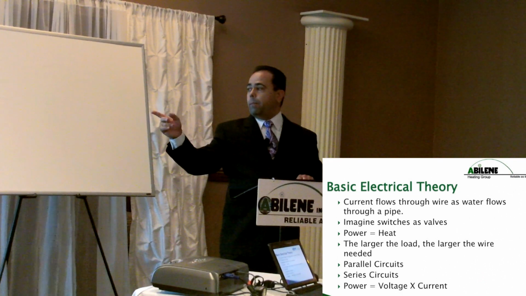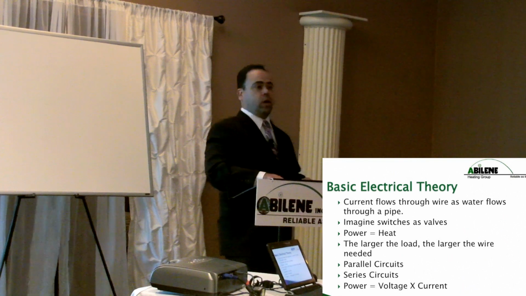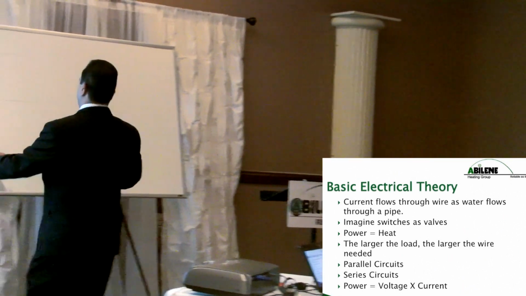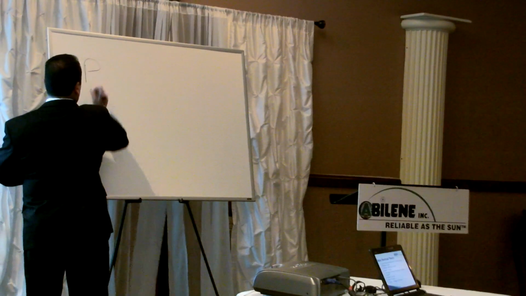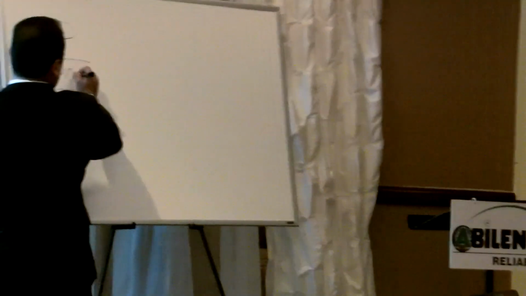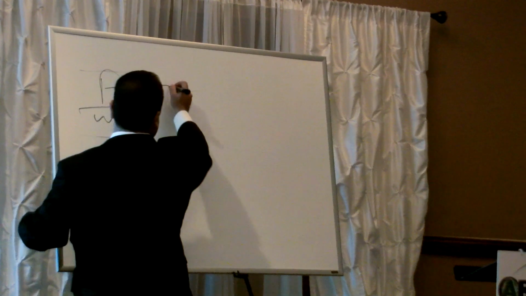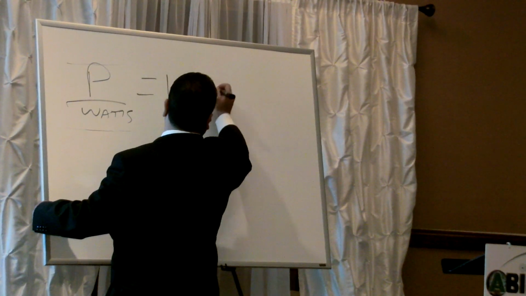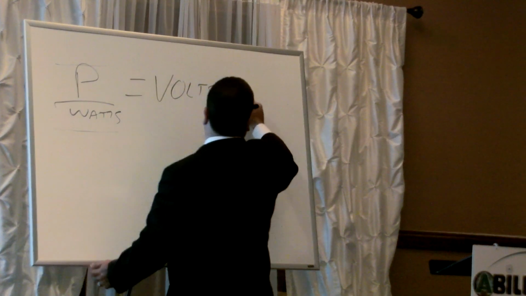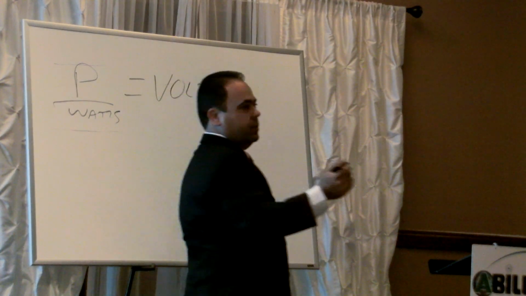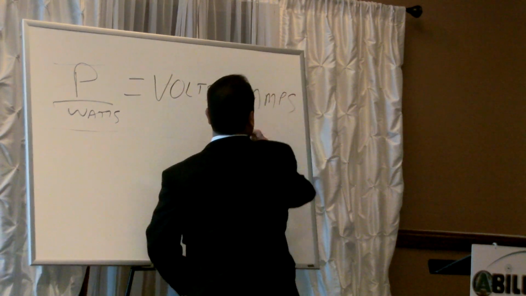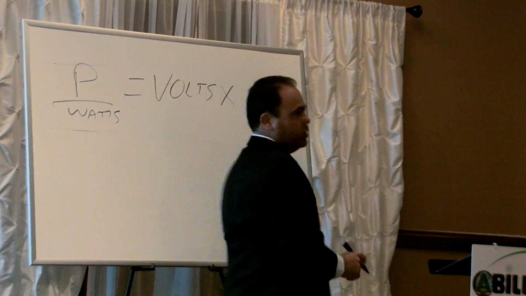Down at the bottom, power is equal to voltage times current. It's a simple mathematical equation. So power, which is watts, is equal to volts times, what's current? Amps. Current is measured in amps, amperes.